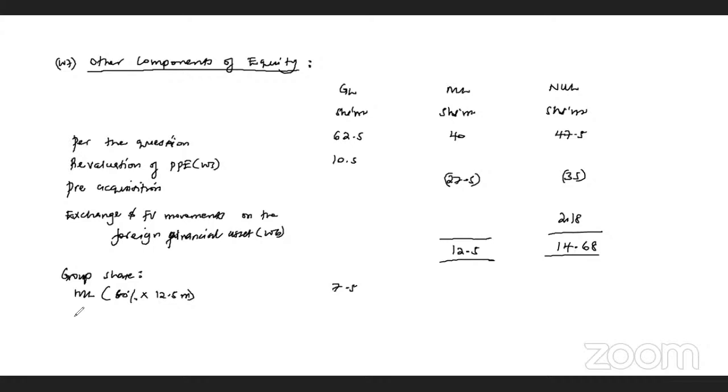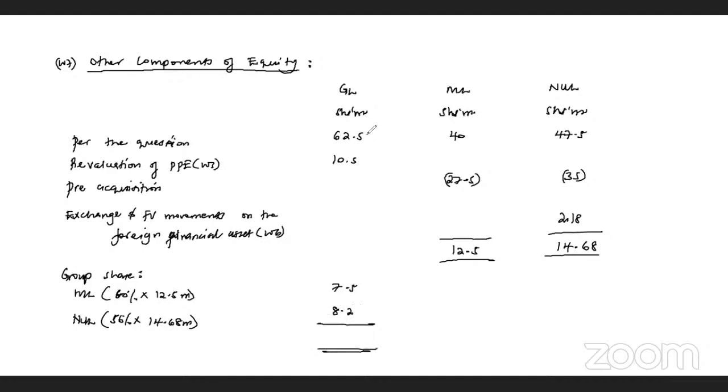Then still the group has a share in NUL. That was 36%. Check your group structure. Times 14.68M. This is 8.2.